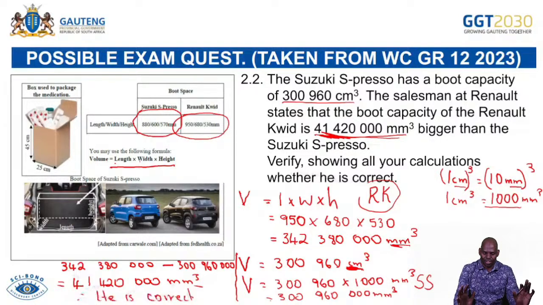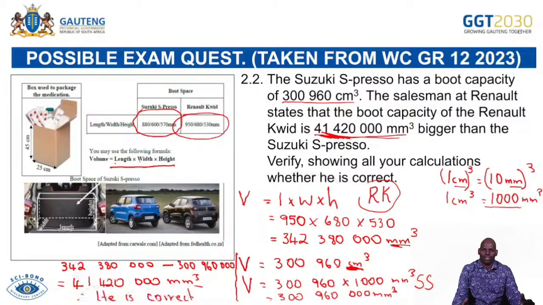Okay, it's a very long one. It deals with big numbers, so it needs a lot of patience, and you also need to be careful with your calculations. But that is how long it is. In the end, we could verify that indeed the salesman at Renault was correct.